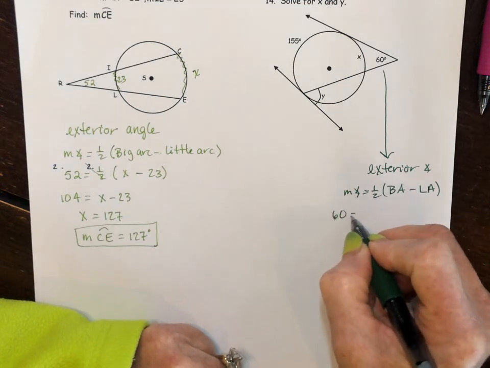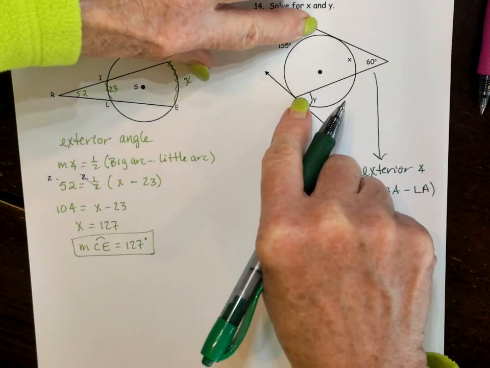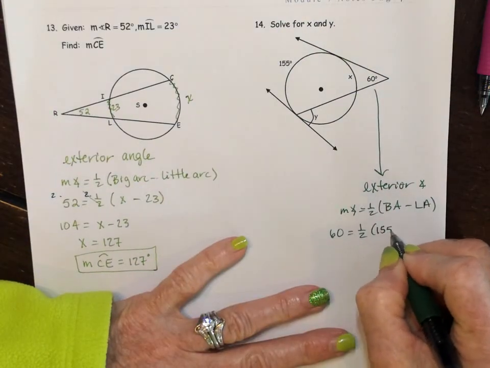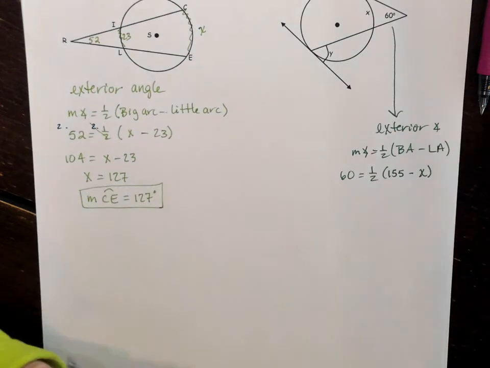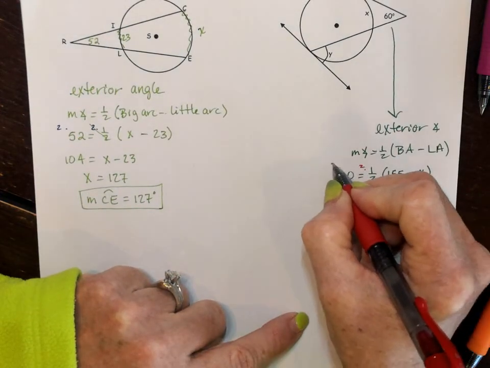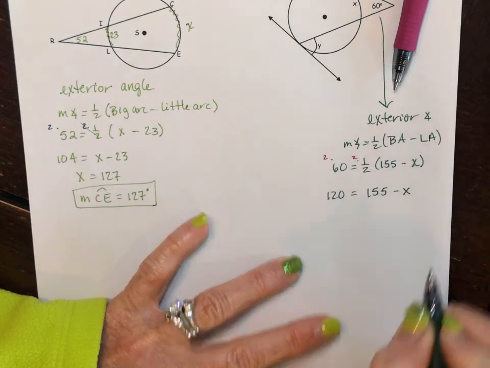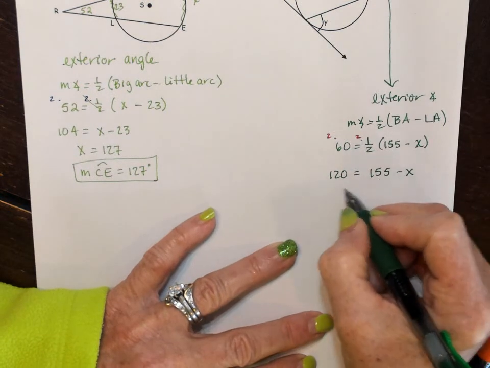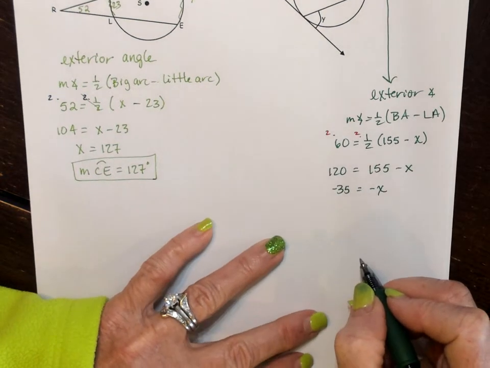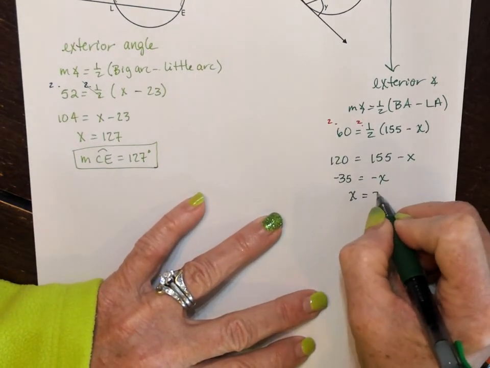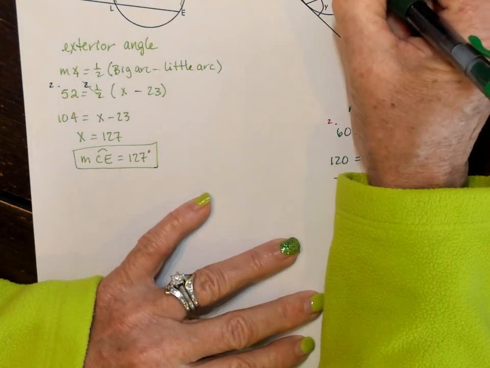That angle, 60, 1/2, the big arc, follow the sides out, 155, minus the little arc, x. Again, clear the fractions, multiply by 2. 120 is 155 minus x. I'm going to subtract that 155. That gives us negative 35 equals negative x. Divide out the negative 1, and x is 35. Nice. X is 35.